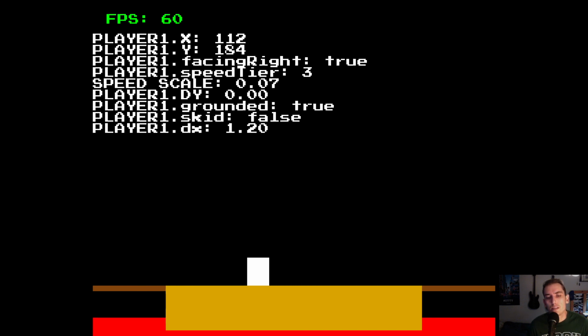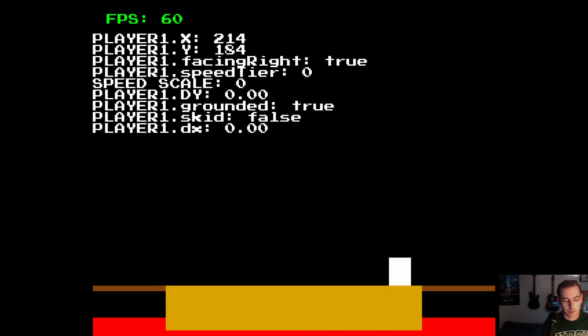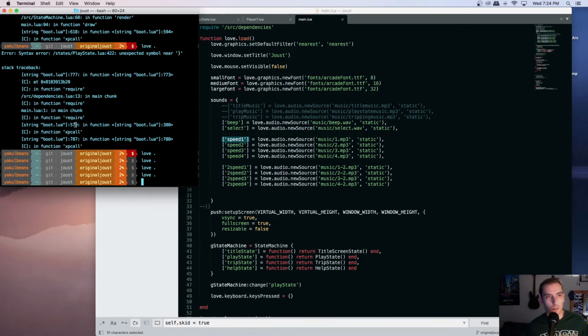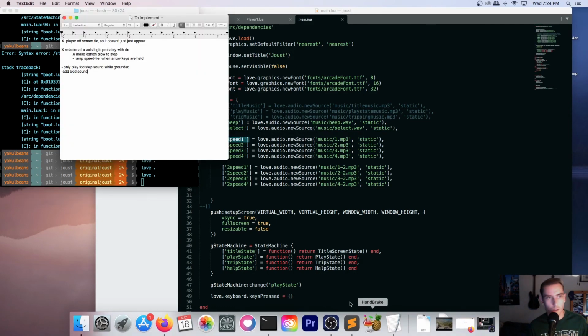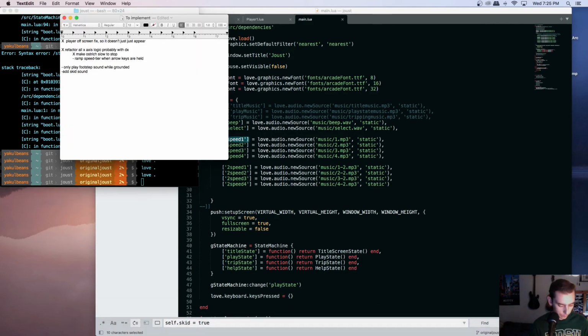So I guess one thing to check next time is if skidding works in the air, or if it does something different for the air logic, so we can make sure that's consistent with the original.